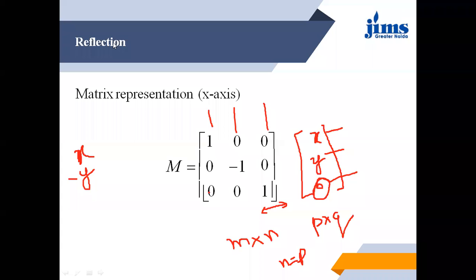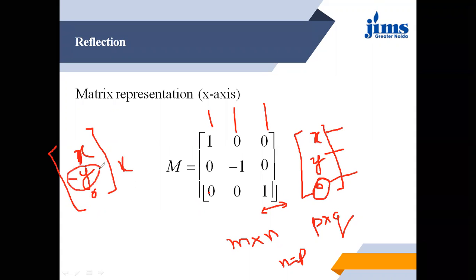So here again the z coordinate will be 0. So we conclude from here that when we reflect with respect to the x-axis, the value of y is going to be changed from plus y to minus y.